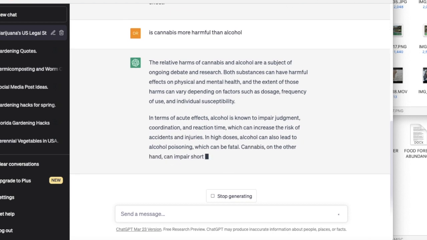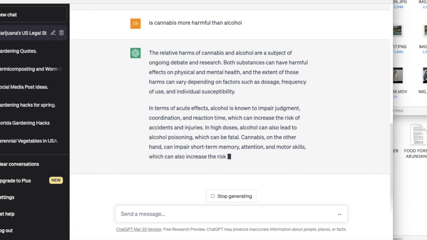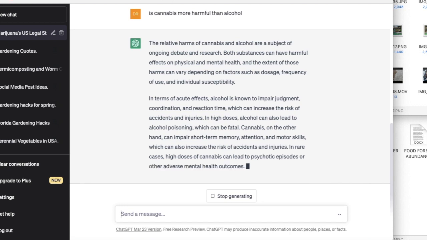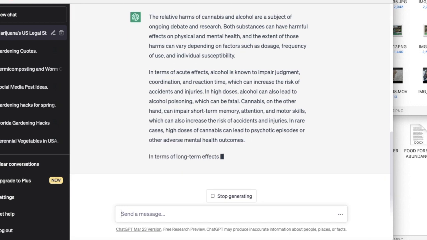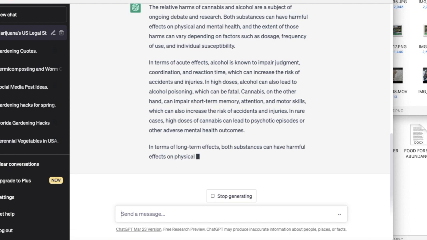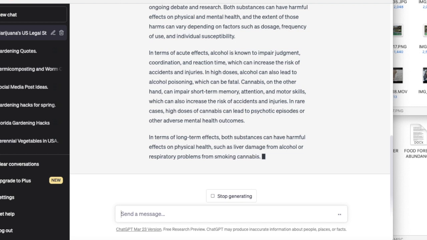In high doses, alcohol can also lead to alcohol poisoning, which can be fatal. Cannabis, on the other hand, can impair short-term memory, attention, and motor skills, which can also increase the risk of accidents and injuries. In rare cases, high doses of cannabis can lead to psychotic episodes or other adverse mental health outcomes.